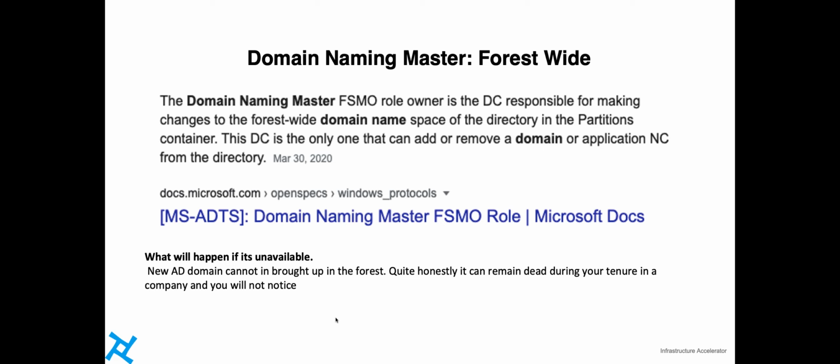You cannot keep it off. It needs to be reachable. Because this is the guy who is responsible to maintain a database which tells what all naming contexts or what all domain names are available in this forest.